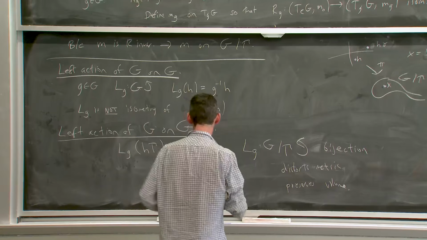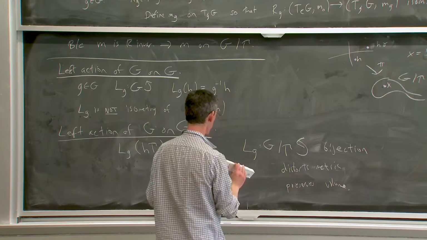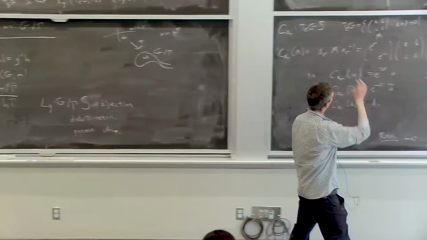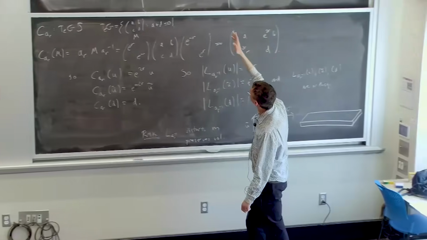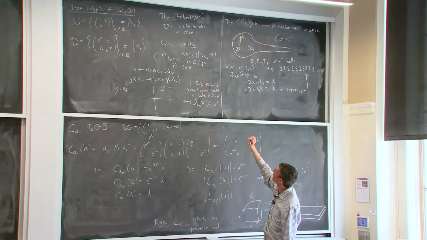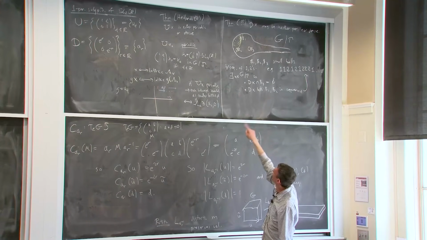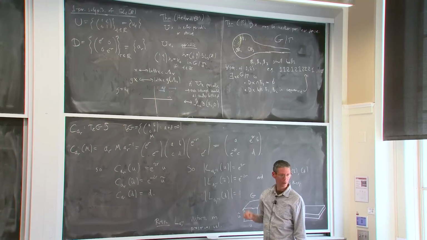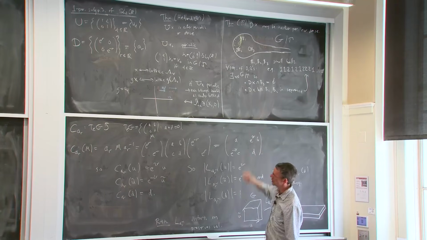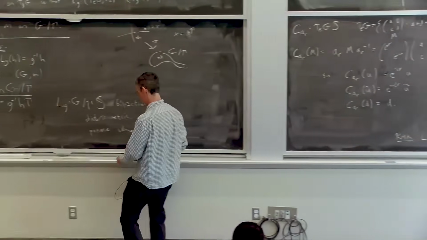Okay, so now an important and interesting part of this story is what is the difference between the unipotent ones and the diagonal ones? There are many different answers to this. We could come back to it multiple times.